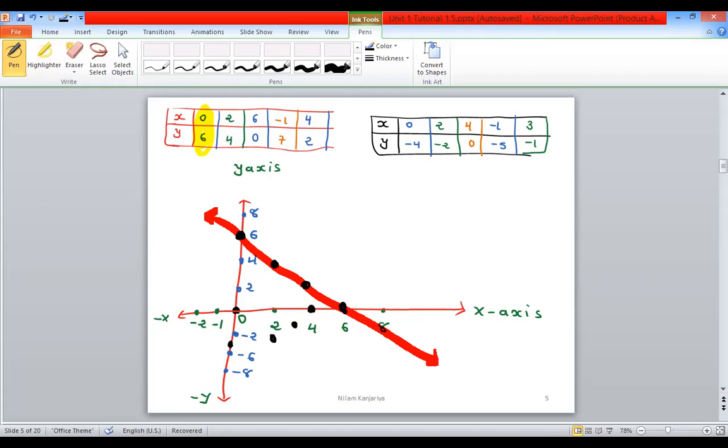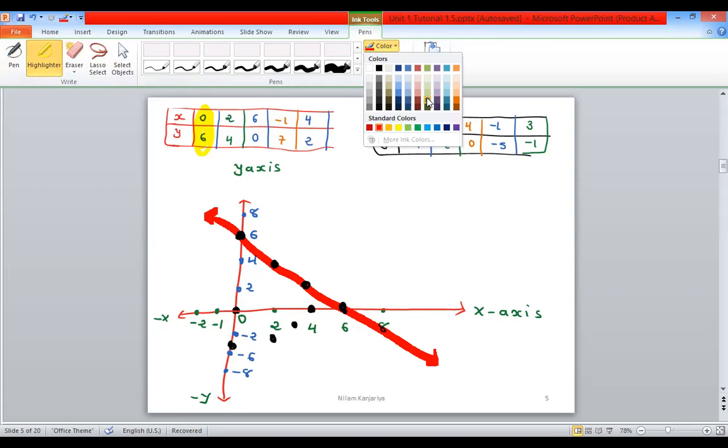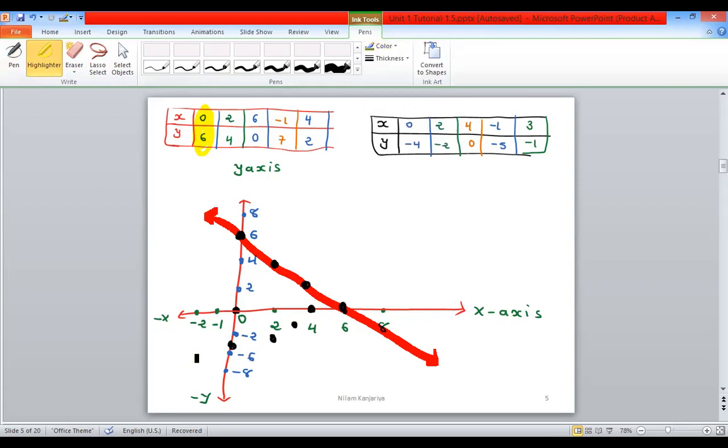So this line becomes such a point maybe. Yes. So this is your intersecting point.